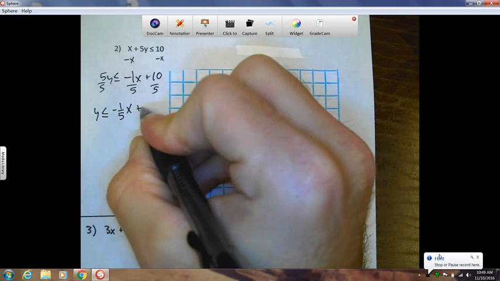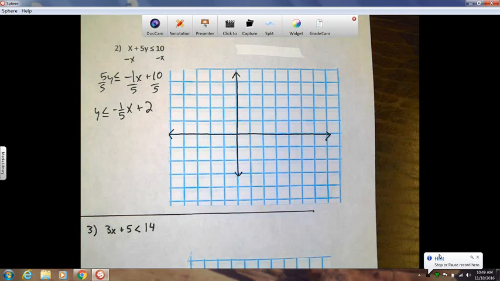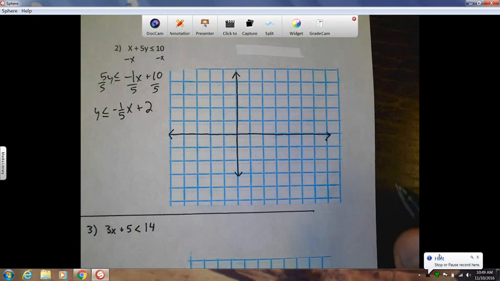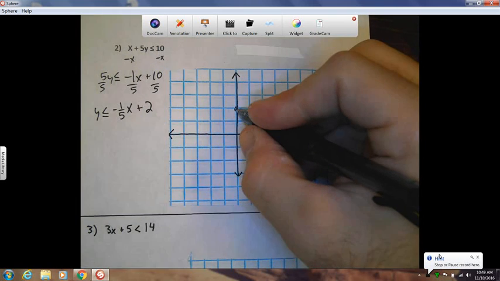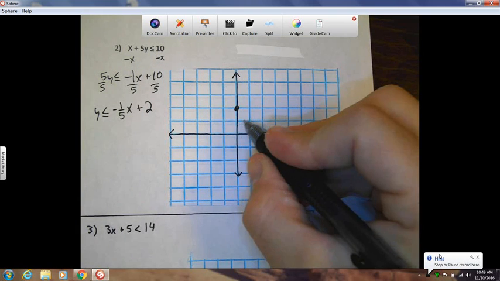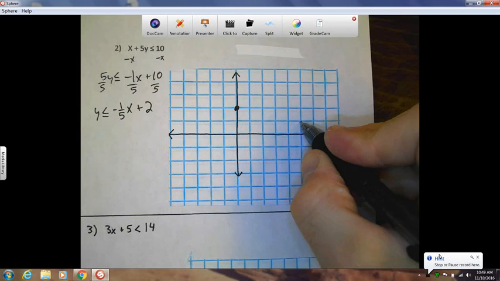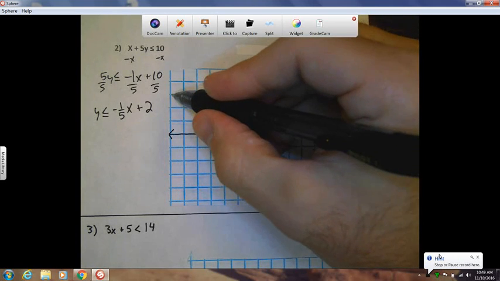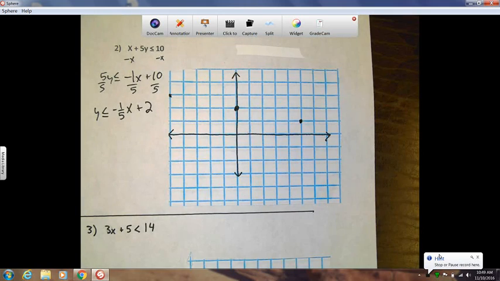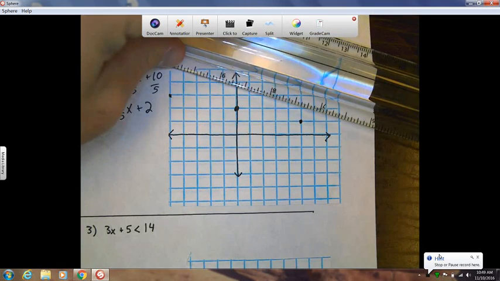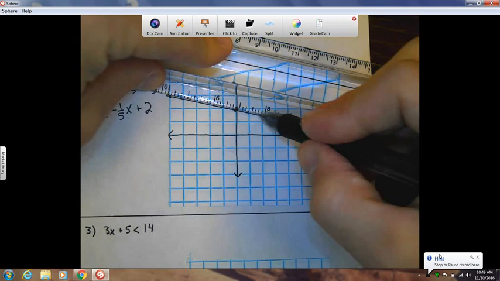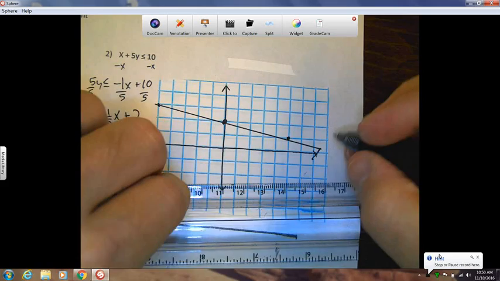I can make my boundary. It's going to be a solid line. So +2, -1 over 5. So it looks like this. Okay, there's my boundary.